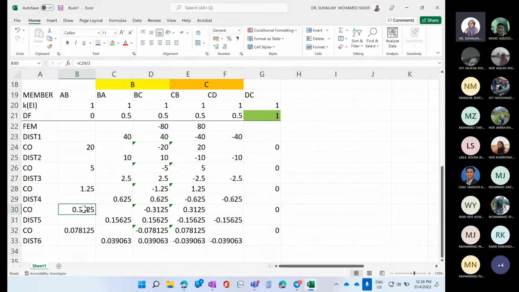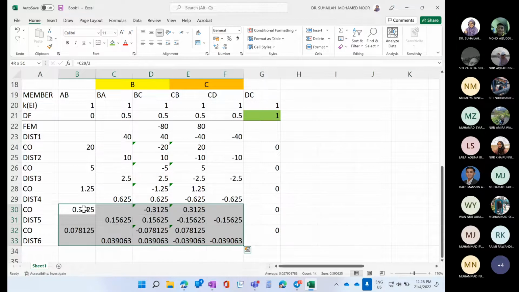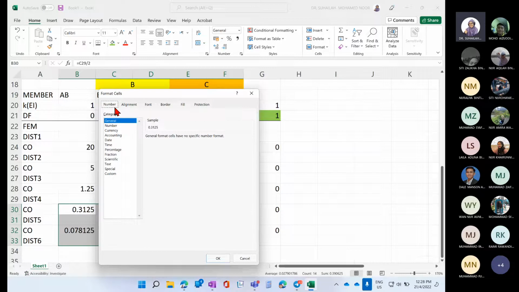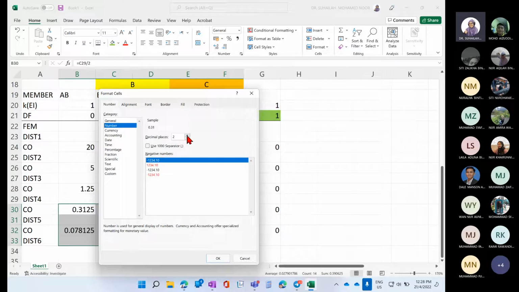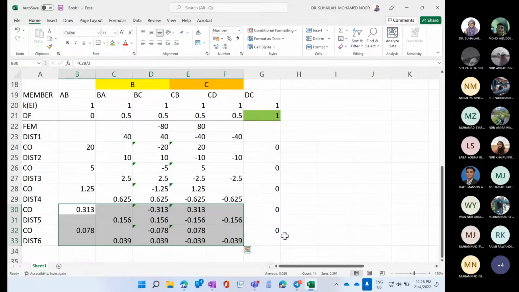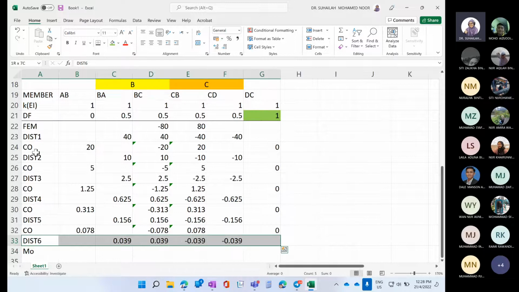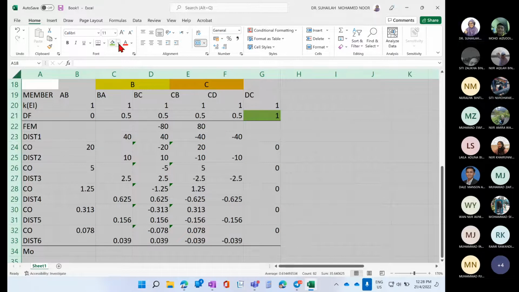Okay, format cell to set decimal places up to 3 decimal places, and this is M naught. This is the moment for table number 1.